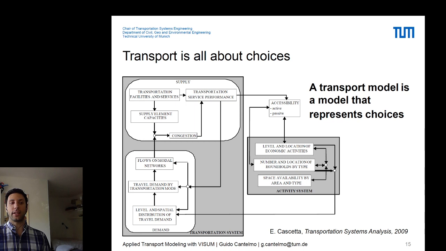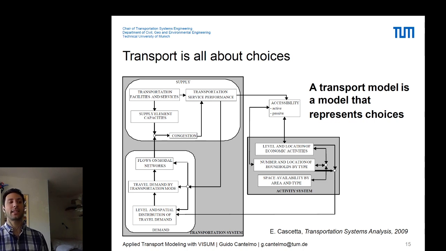And last but not the least, a very important element, which is very often underrepresented in many models, is the activity system. So the reason why we have interaction between the demand and the supply is the fact that actually people move to achieve a certain purpose. People move to go to school, to go to work, to go for some leisure activity.